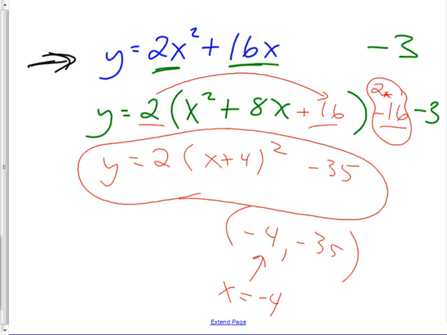So now, I would like you to try this problem. y equals negative 2x squared minus 40x plus 1. Please find that answer. And I know when you're typing it in, you're going to have to say x squared.